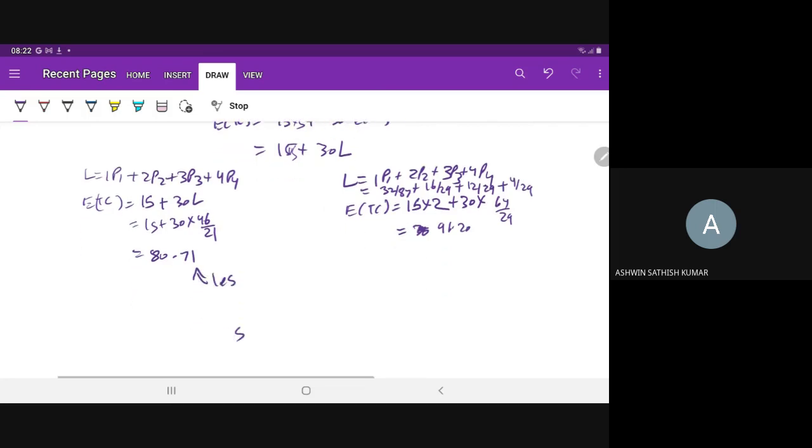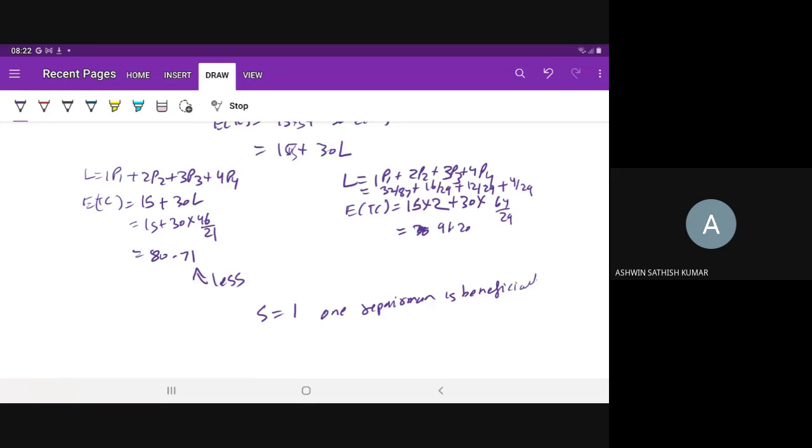So here the expected total cost is less. So S is equal to 1, or one repairman is beneficial. So it is not necessary to always go for the multi-server model; it depends on the system.